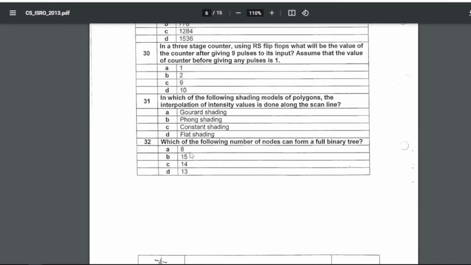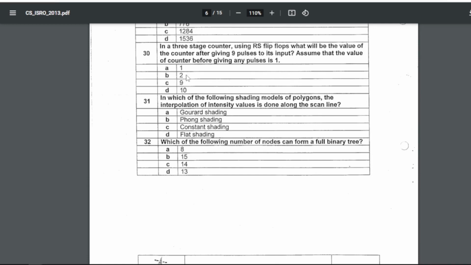Question number 30 is: in a 3-stage counter using RS flip-flop, what will be the value of the counter after giving 9 pulses to its input? Assume that the value of the counter before giving any pulses is 1, right? So for question number 30, if you solve, you will get the answer as B, that is 2, right?